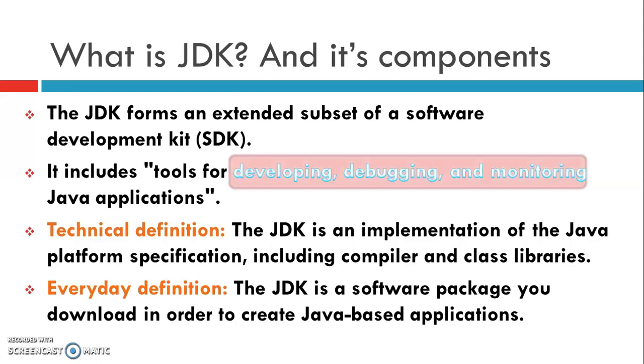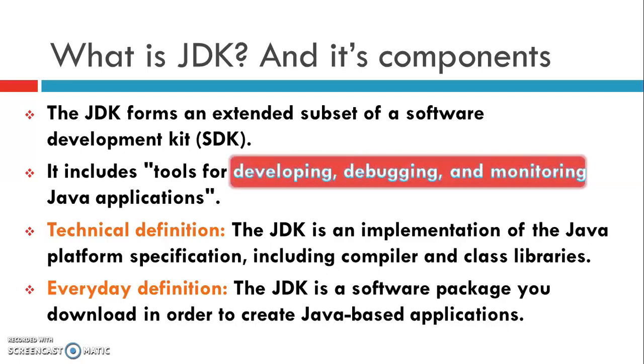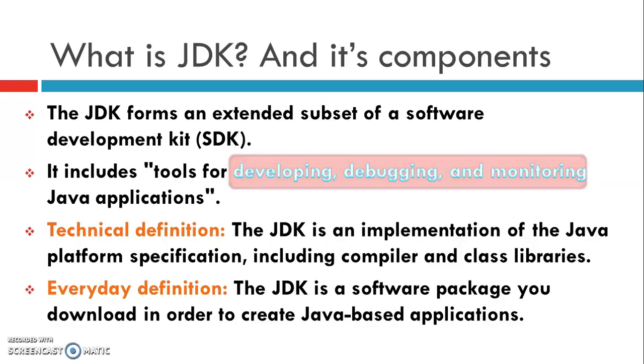So to define the JDK, we can say that it is a software package which is required to develop or create Java-based applications. Okay. Then in the next slide we will see what major components the JDK has.